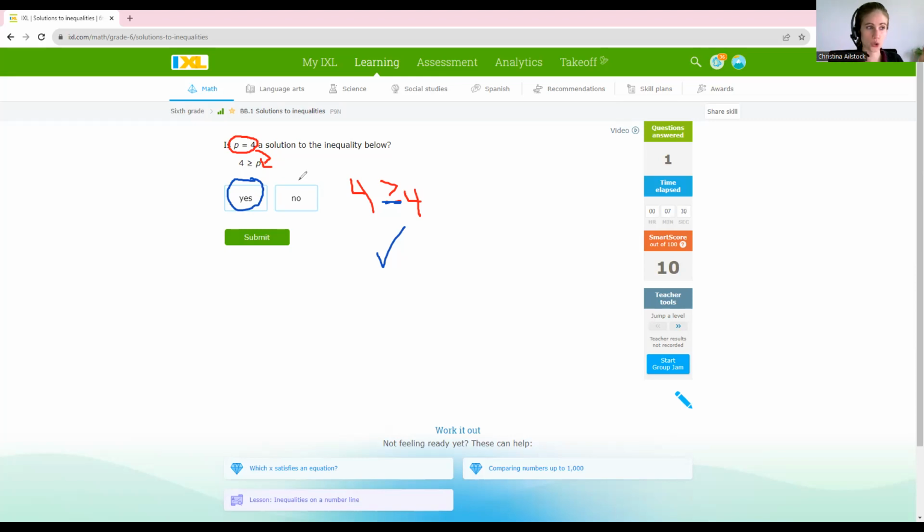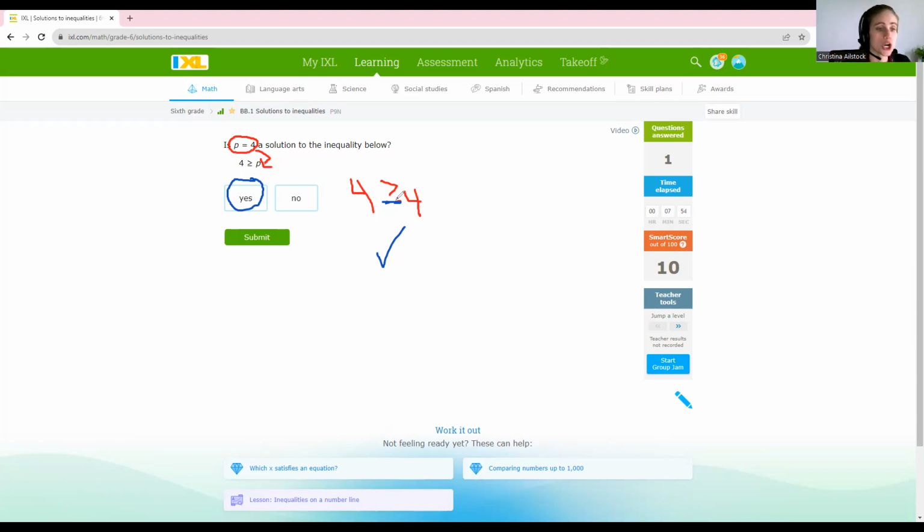Like you have to say, okay, 4 is the greater number, and it can make it a little bit harder to get the answer correct. So if you don't want to substitute and plug in like I did, so you can visually see if it's a true statement or not, you could flip your inequality statement around and have it written the more common way.